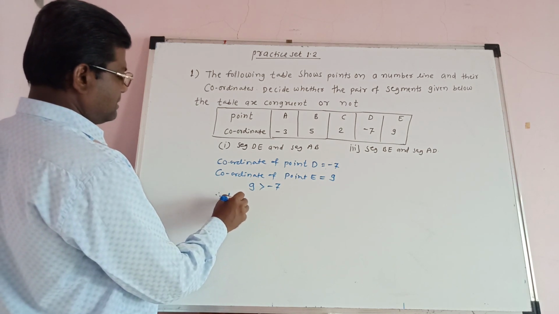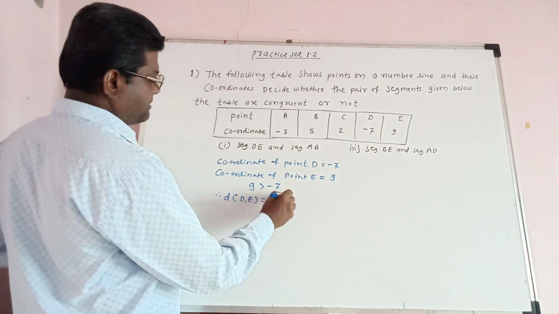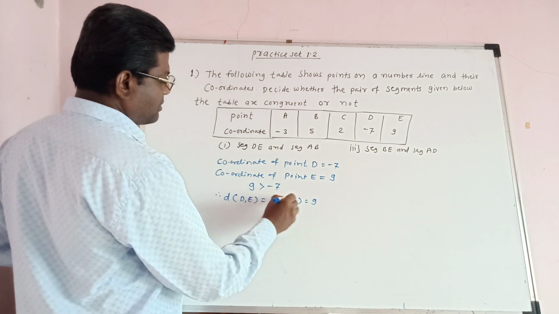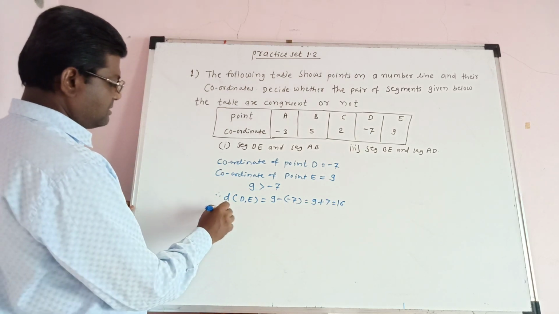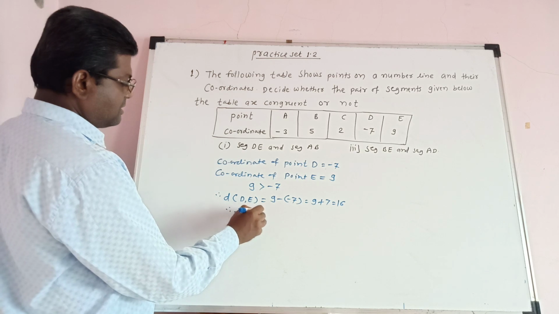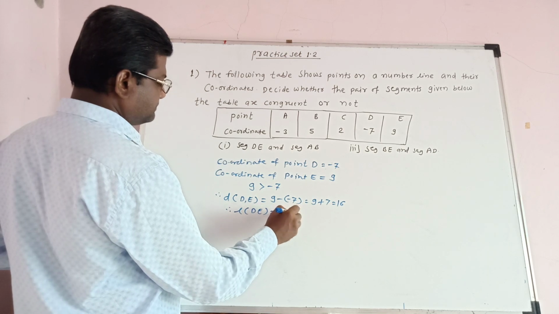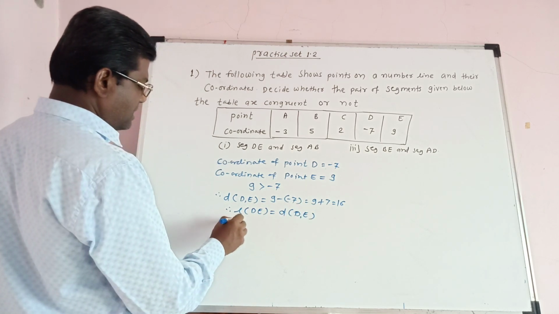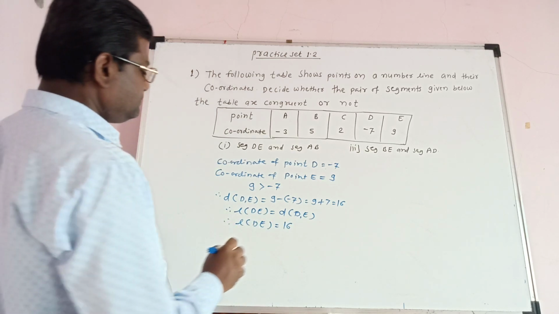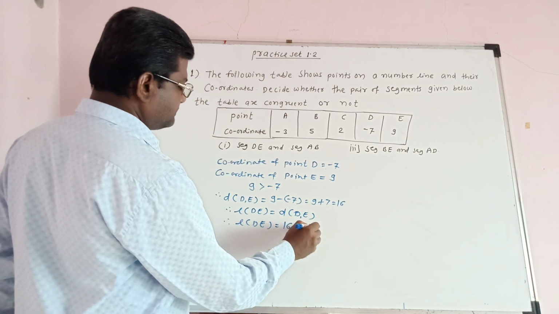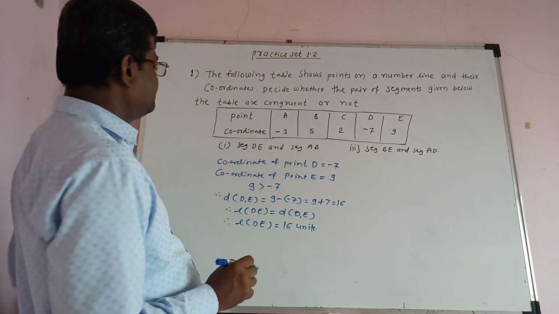Therefore distance of DE is equal to larger coordinate minus smaller coordinate, which is 9 - (-7). This minus will be plus, 9 plus 7 is equal to 16. We know that length of DE is equal to distance of DE. Therefore length of DE is equal to 16 units. Now let us find the length of AB.